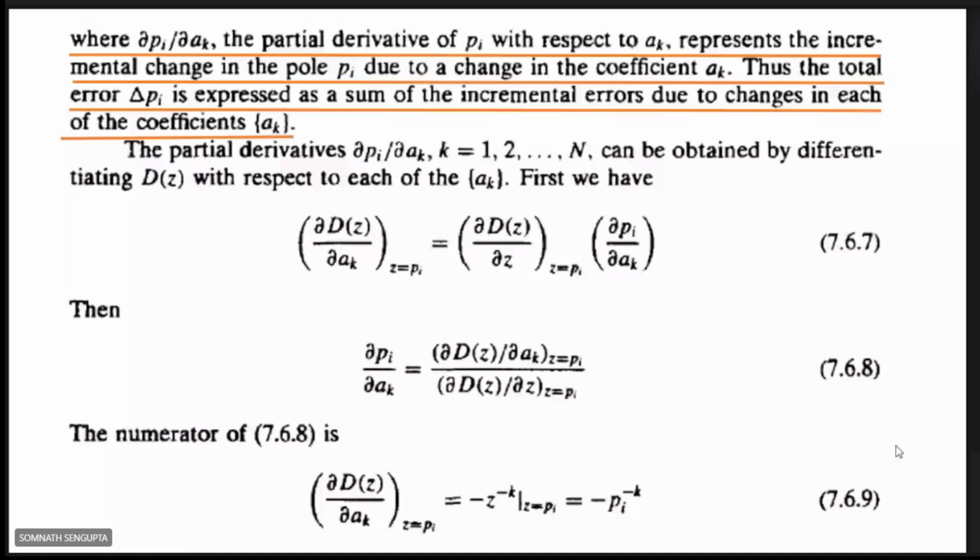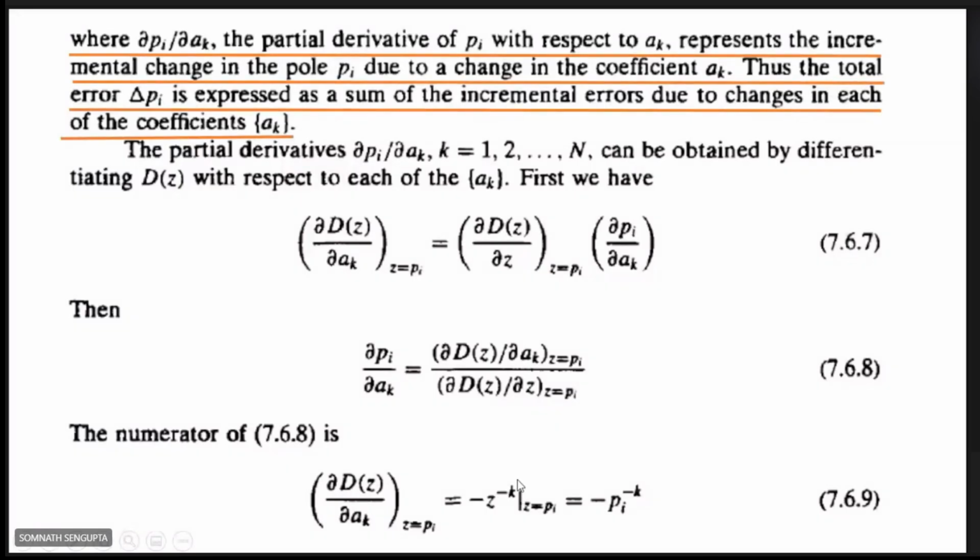Because if you see the polynomial D(z), it is a partial derivative, so its coefficient is ak. So ak into z to the power minus k.